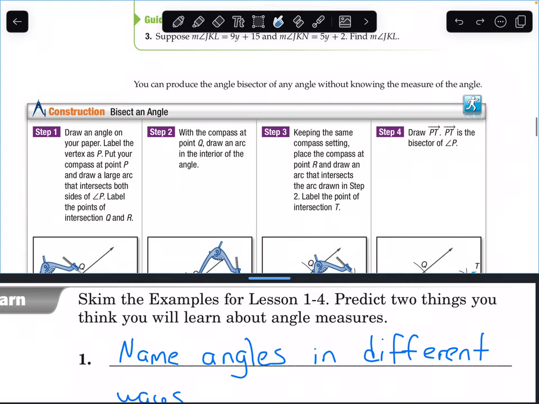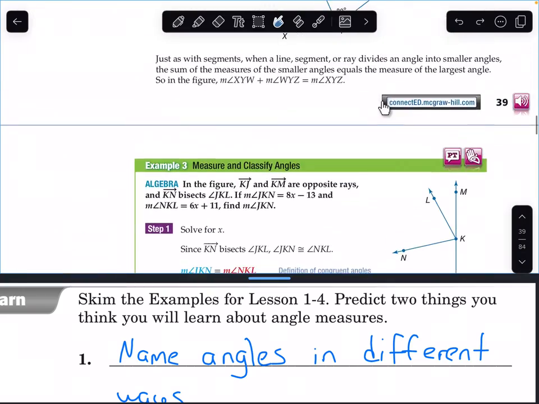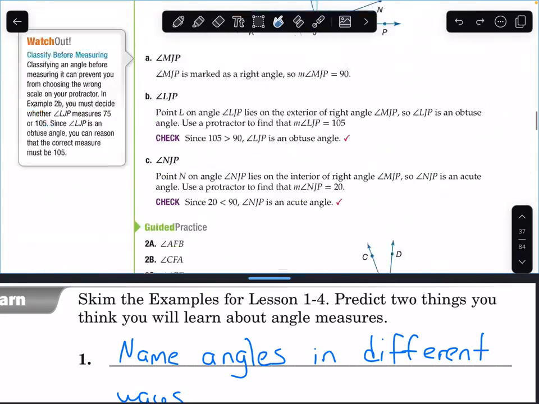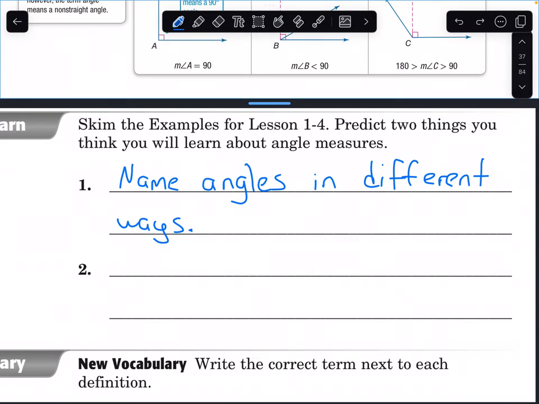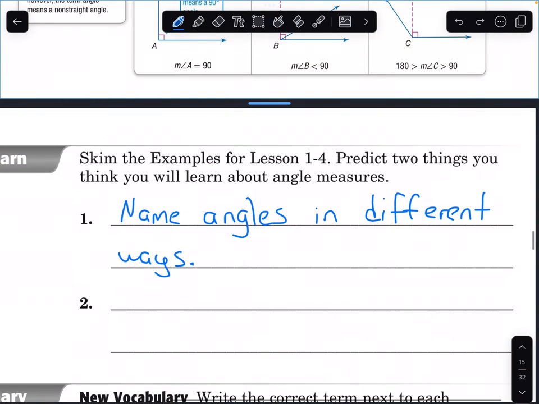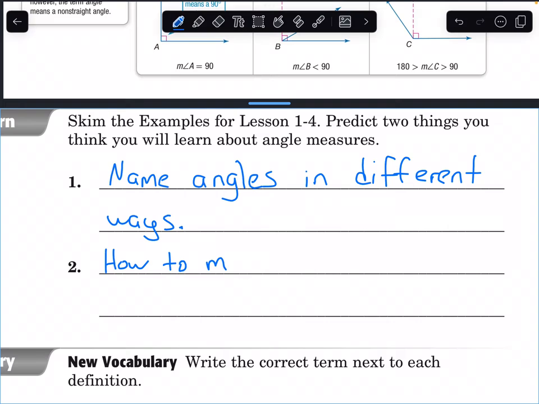Now something about bisecting an angle. And that was it. Okay, so only the three examples here, two of them are about measuring and classifying. So that's clearly the second thing we'll learn about: how to measure and classify angles.